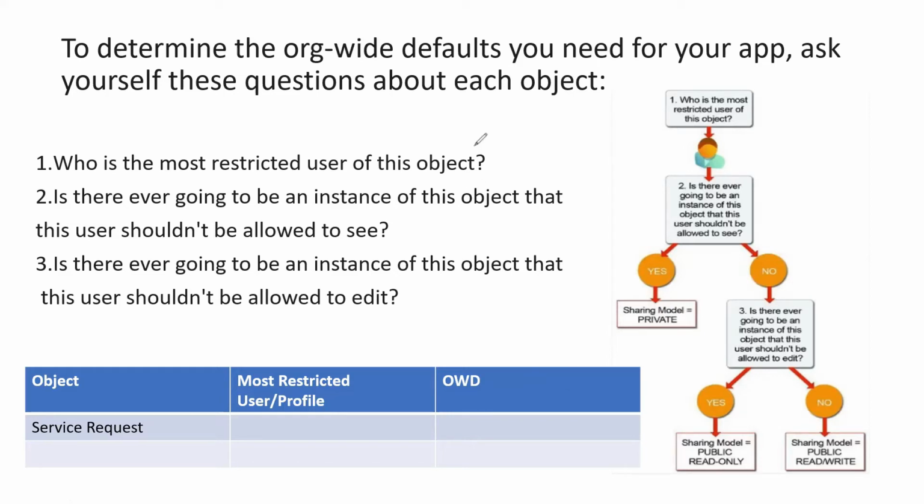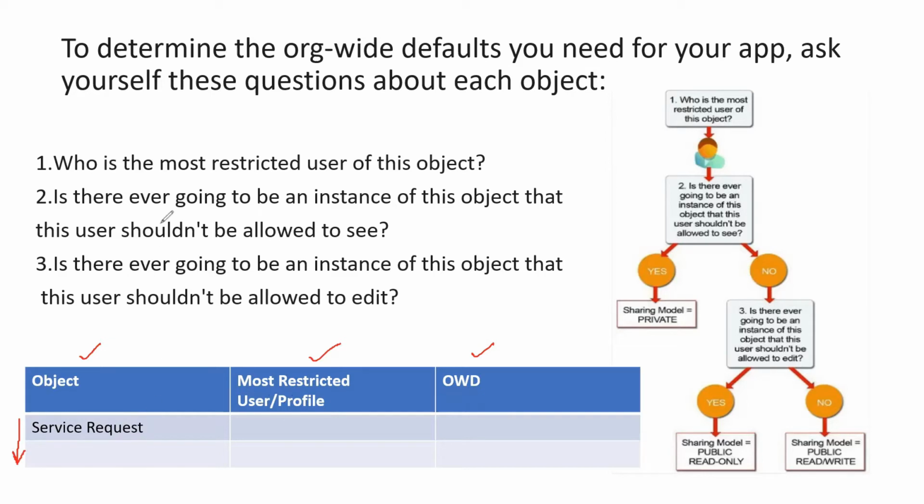Remember, this process has to repeat for each and every object. That is why I have a kind of template for you in case you have to do this exercise. Create a template in your Excel sheet with the first column as object, the second column as most restricted user / profile, and the third column as OWD. I will list down all the objects that I have in my org.